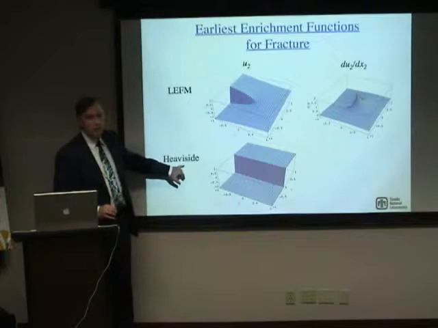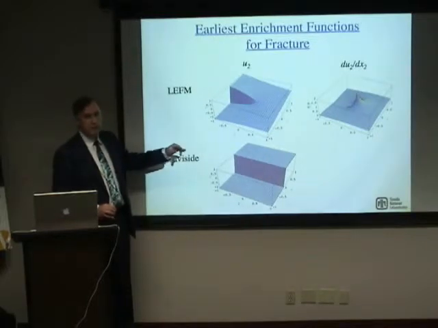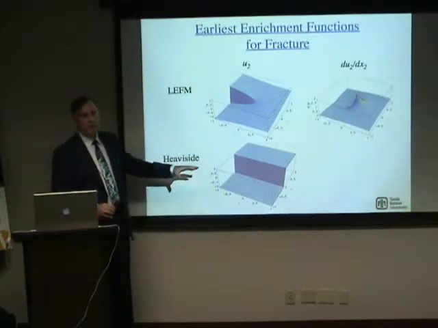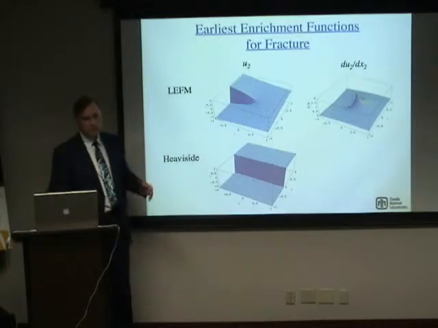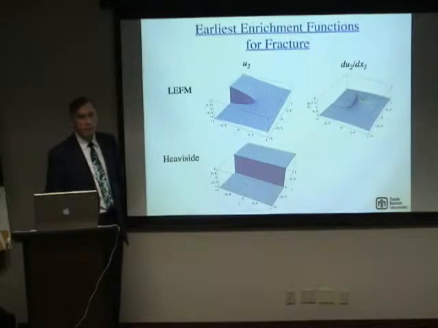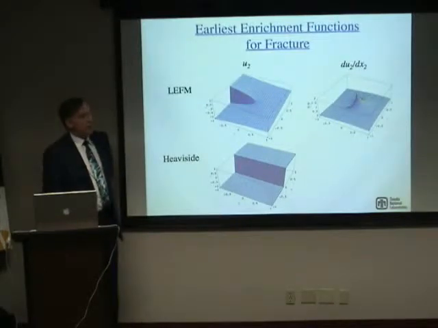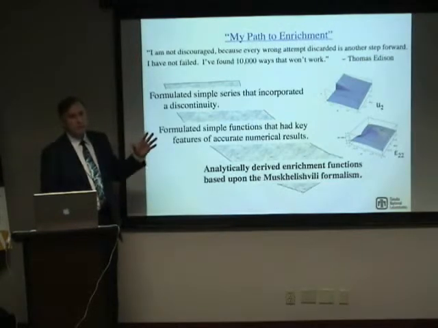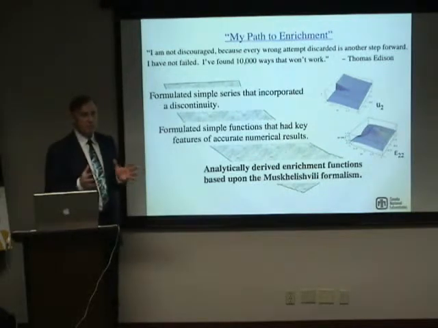And with regard to your question, that's part of the motivation for switching to the Heaviside in the wake of the crack behind it, is that the other enrichment functions are not helping you with regard to accuracy anymore, so why pay for them? And there's another issue that I'll mention in a slide in a moment, and that is in our particular function that I'm going to show, there's a length scale.